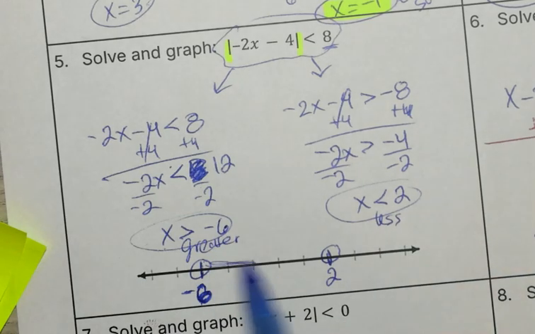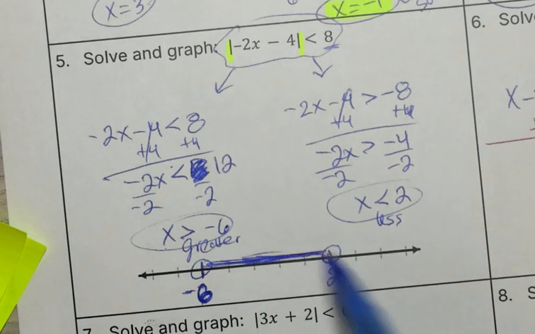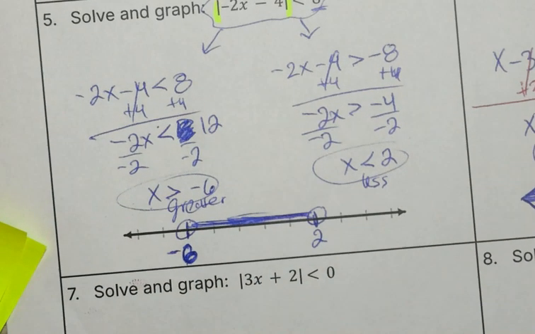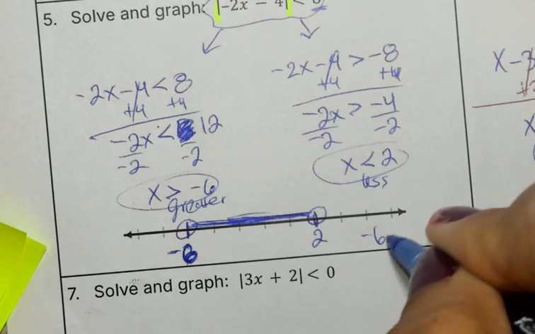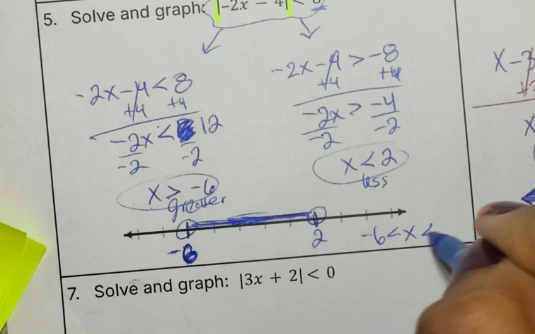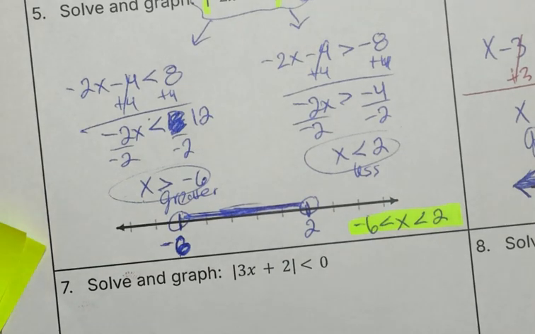Greater than negative 6 is this way, less than 2 is this way. So this is the answer for this, and it will look like this in that test. Negative 6 less than x less than 2. So just be open-minded to seeing the graph version of the answer or the inequality.